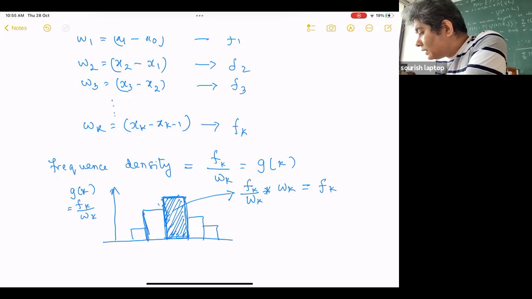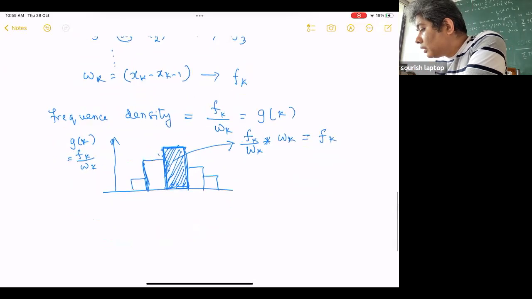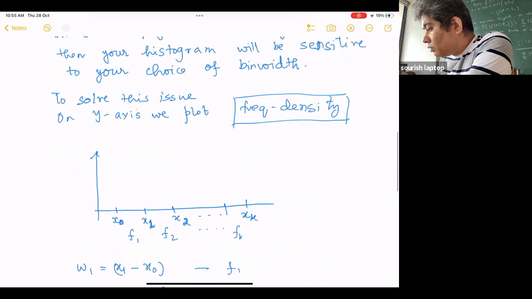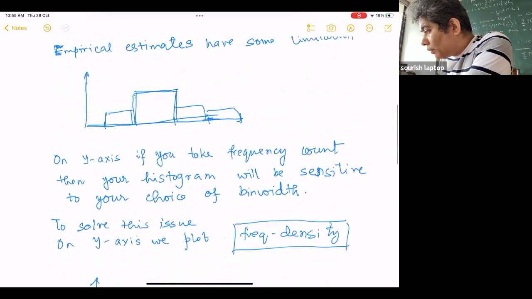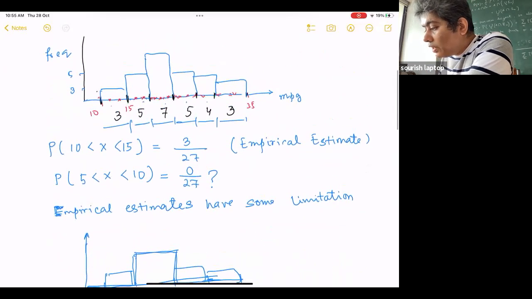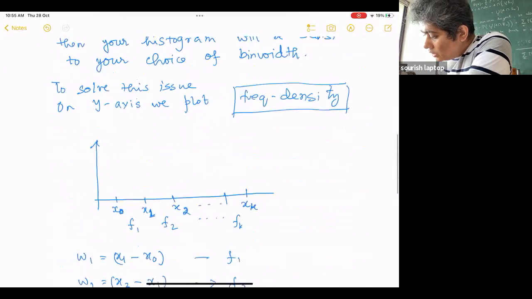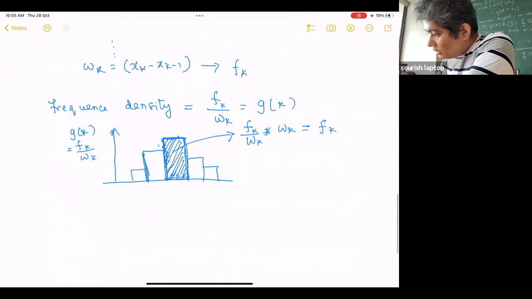Now what is the empirical probability estimate? The frequency divided by total frequency, right? So I can divide this frequency density by the total frequency. That will give me the probability density, or empirical probability density.